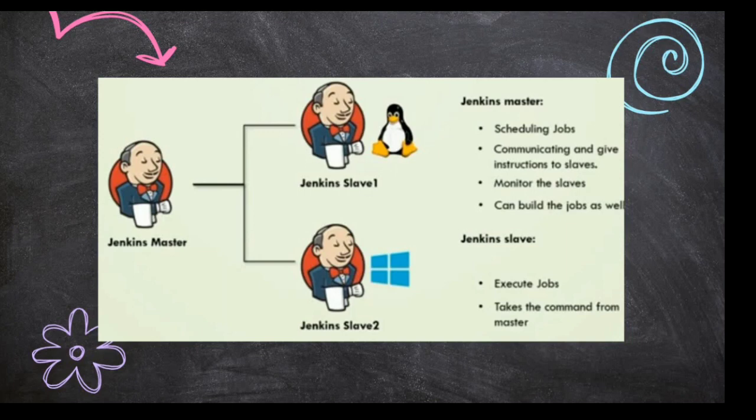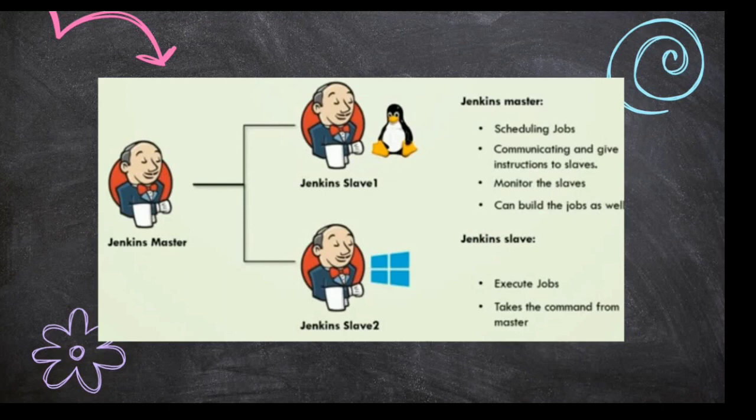If in your environment 12 to 14, or even 30 to 40, Jenkins jobs have to execute on one single master instance, then that machine would be heavily loaded with high resource utilization. Due to that, the instance could crash or could not perform as expected.